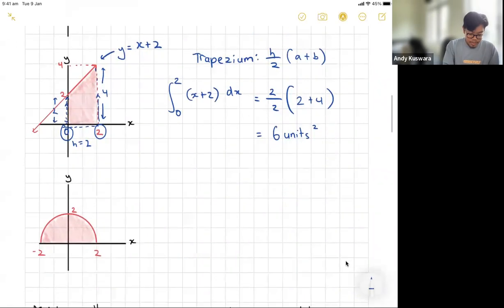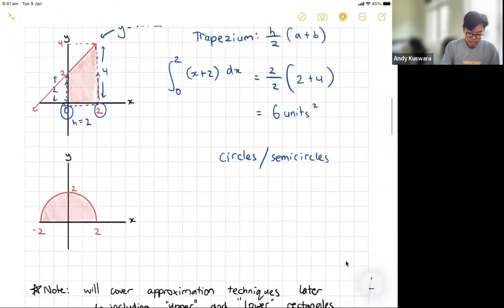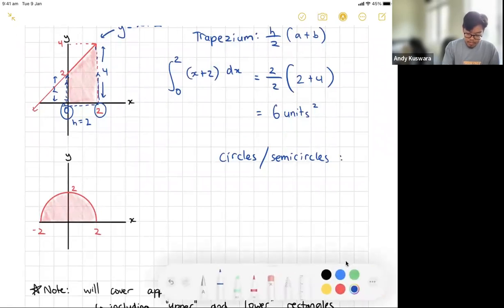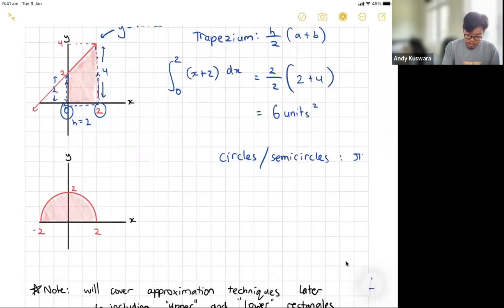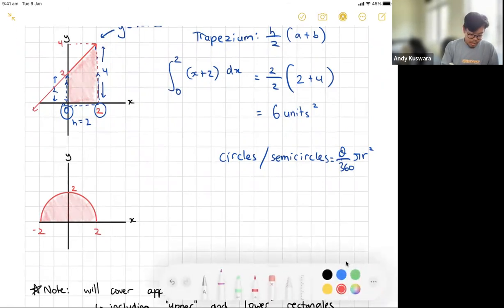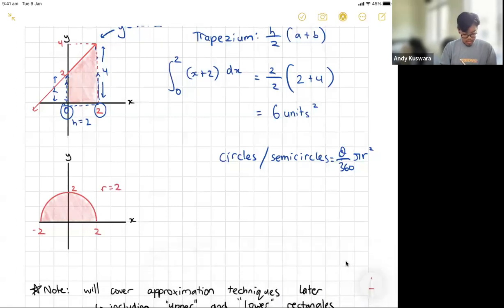All right, now we also know how to do circles and semicircles. And we know that the area is given by pi r squared, or if you want, you can put theta on 360 out the front of it, whatever value of the circle you have. So if I take a look at this, can we see here that our radius is 2?